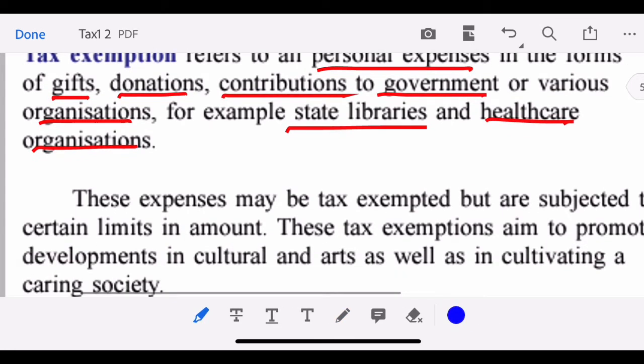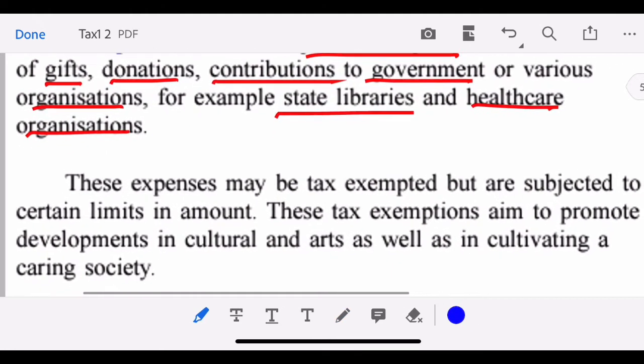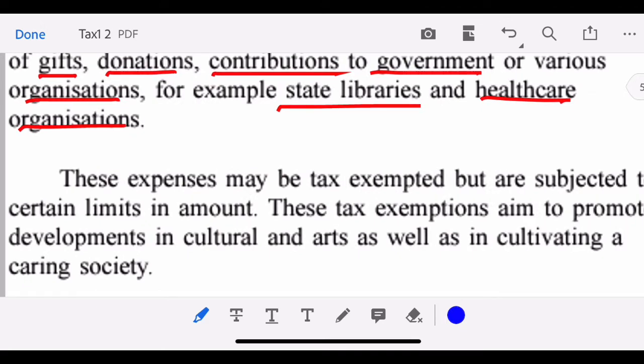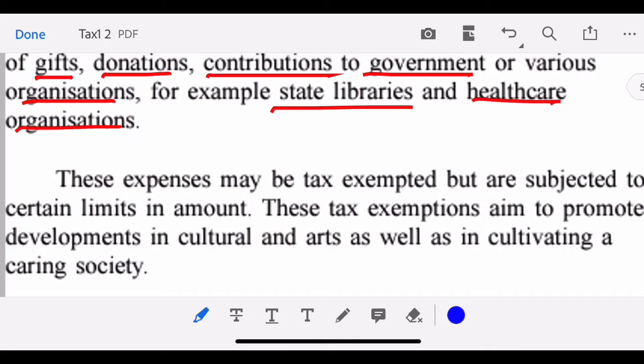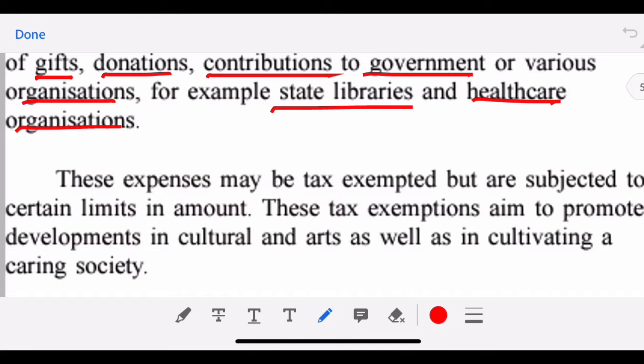Okay, these expenses may be tax exempted but are subject to certain limits in amount. These tax exemptions aim to promote developments in culture and arts as well as in cultivating a caring society.